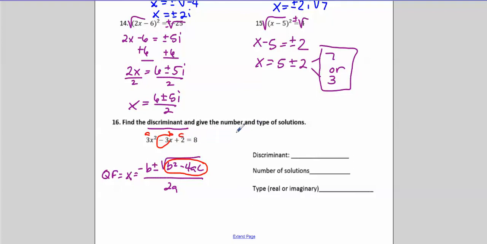So if I'm going to do b squared minus 4ac, I would have negative 3 squared minus 4 times 3 times 2. 9 minus 24, which is negative 15. So my discriminant is negative 15. Because it's negative, that means when I do the square root, I'm going to get an i. So I have 2 solutions, and they're imaginary or complex.